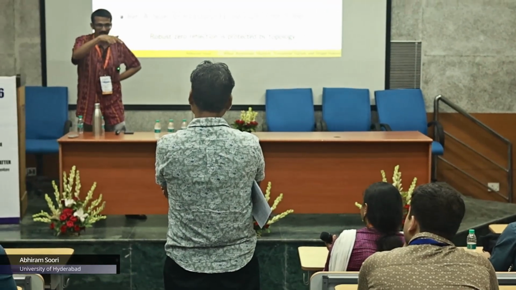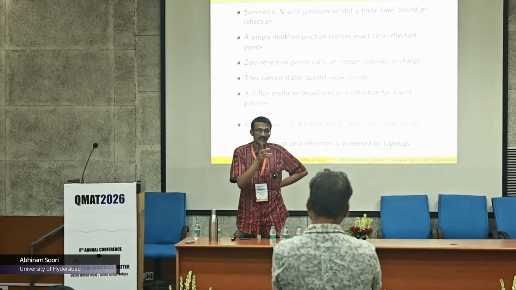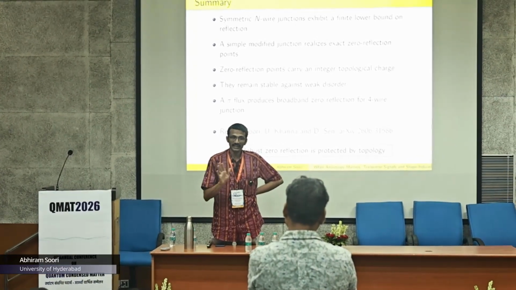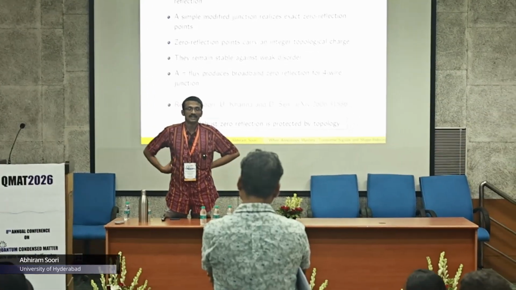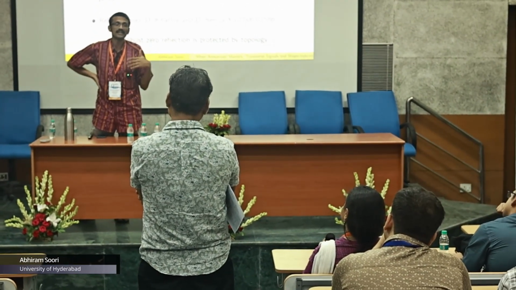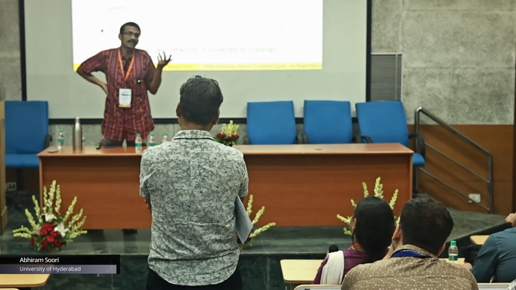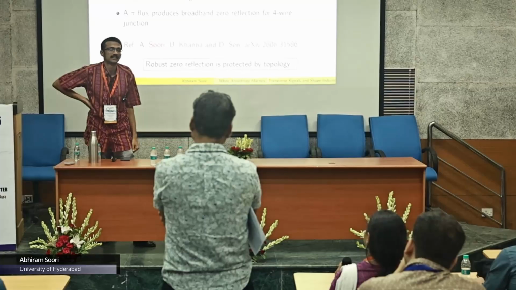Then there is also reflection symmetry, but they don't guarantee anything. Reflection symmetry is just a symmetry that is there in the system, but it doesn't guarantee zero reflection. Zero reflection is topologically protected. That's the understanding that we have at the moment. Thanks.